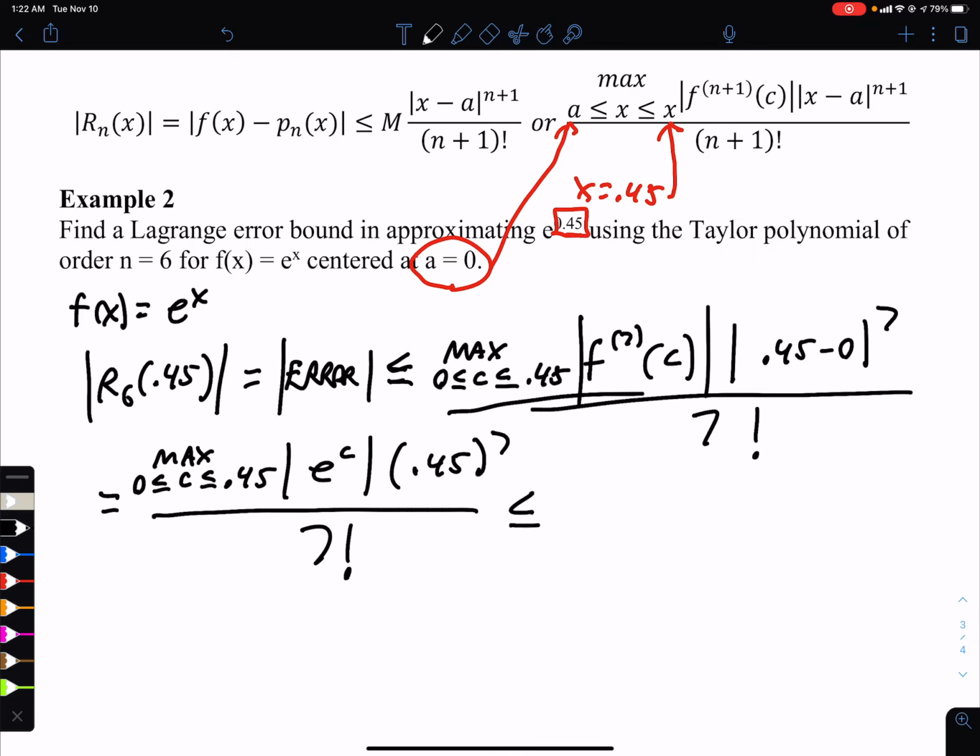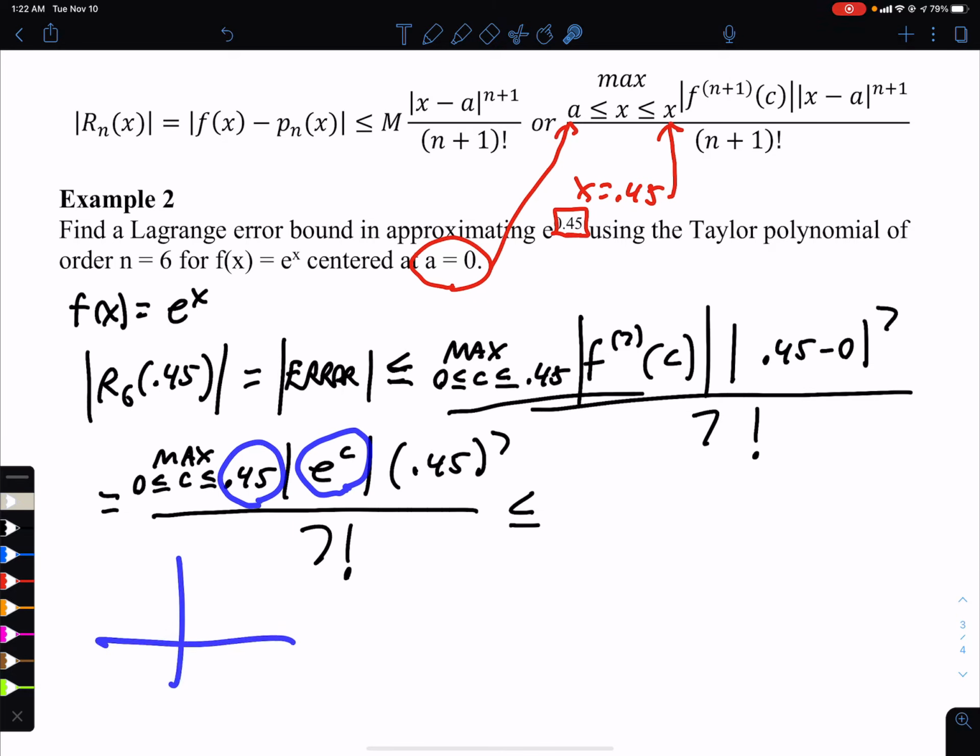Now, here is where we run into some problems. We're trying to evaluate e to the x. How do we do that? I don't know. We're approximating it using the Taylor polynomial, and now we're finding the error with that Taylor polynomial. Since we really don't know what e to the x is, because if we knew that, we wouldn't need a Taylor polynomial, we cannot figure out e to the 0.45.